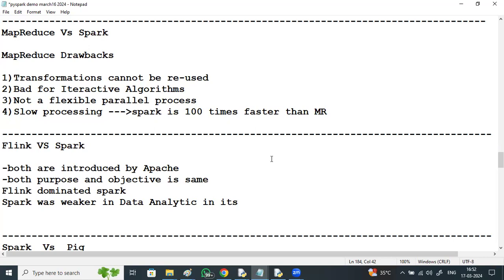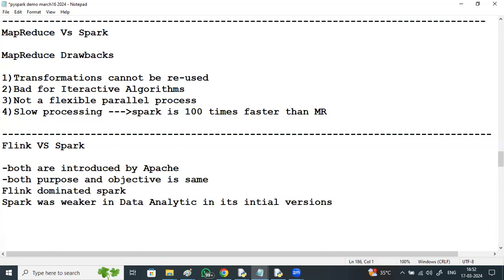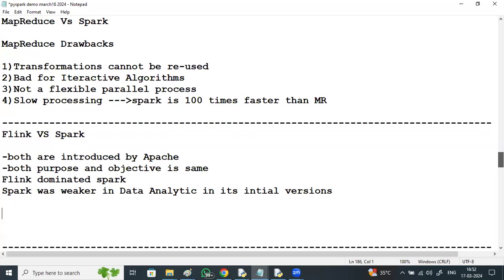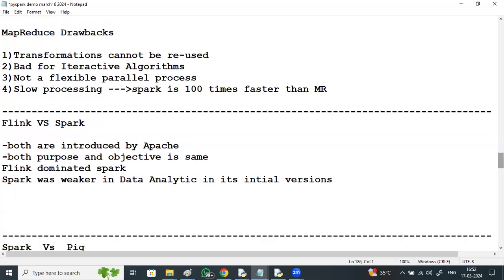It was very weak in the case of ML, machine learning, and this kind of work, in its initial versions.